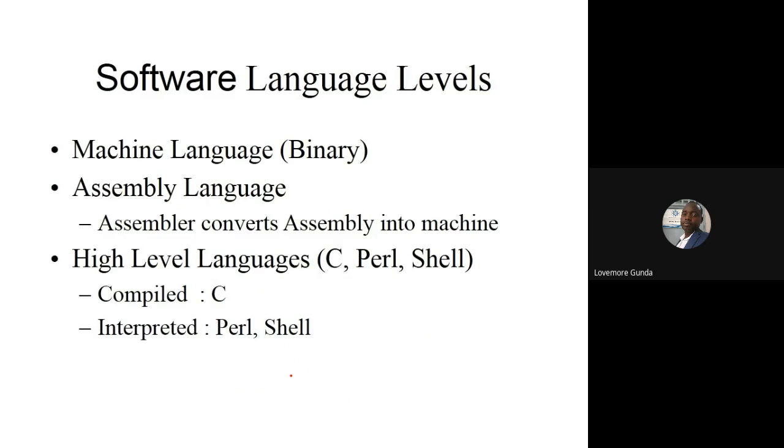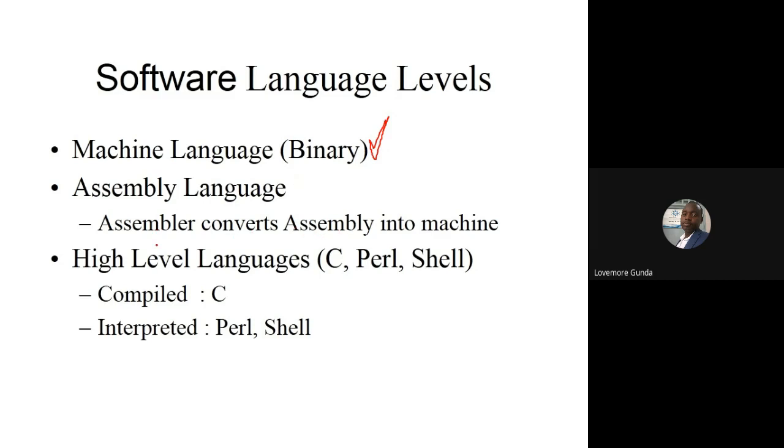So what we have in terms of levels of software languages, we have what is called machine language, which is ones and zeros. This is the language which is understood by our hardware, right? Then there's an assembly language, right?